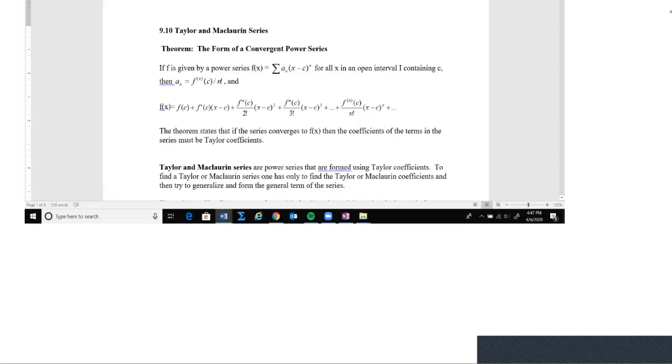Okay, so what we're going to do is use this to form the cosine.